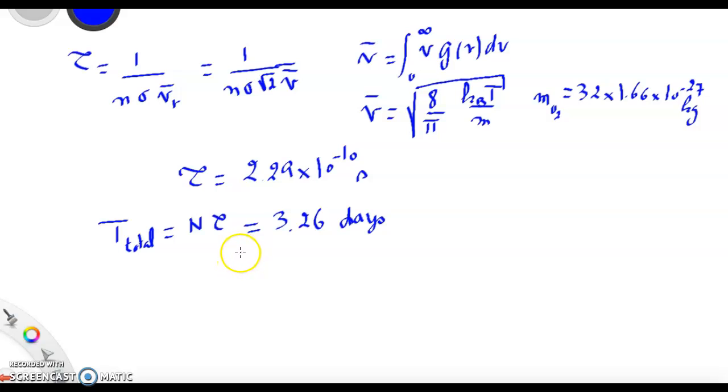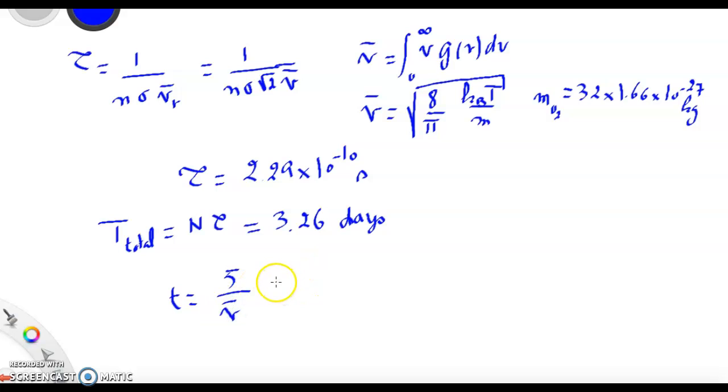If you'd like to know how long that is, you could compare it to the total time had it been flying straight. Assume that O2 is moving with the average velocity V bar that we've calculated, the square root of 8 over pi k_B T over m, going straight over the 5 meters. So I'm going to compare that to the flying time, which would be 5 divided by V average.